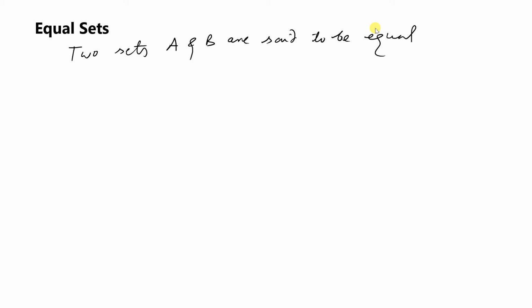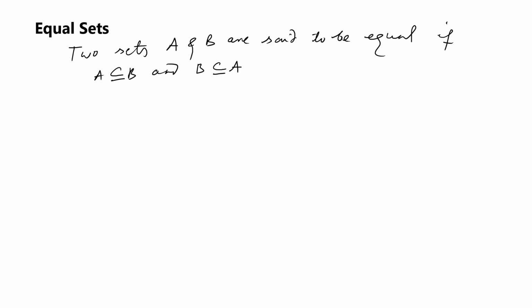Two sets A and B are said to be equal if A is the subset of B and B is the subset of A. In language, you can say every element of A is in B and every element of B is in A. As well as it implies that the cardinality of sets A and B are the same. The number of elements in A is equal to the number of elements in B.